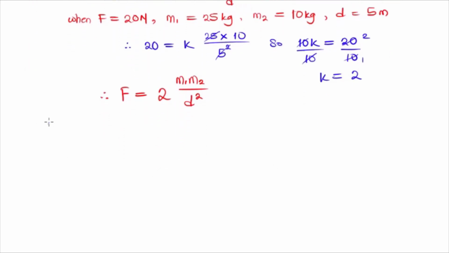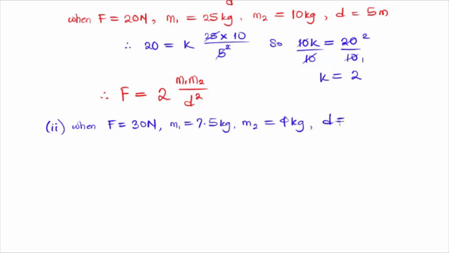We have to find the value of the distance between them using this formula. If we put in all the values, that gives us 30 equal to 2 multiplied by 7.5 times 4 over d raised to power 2.